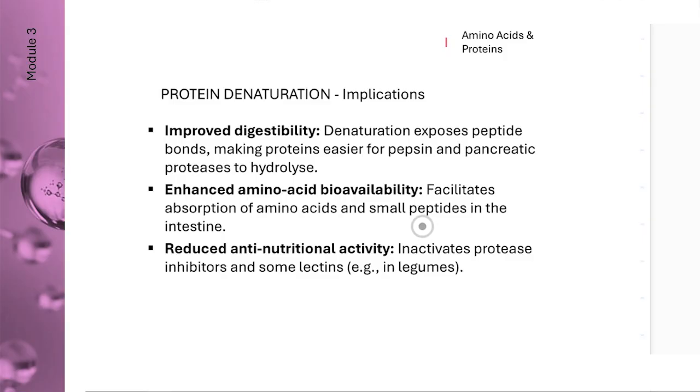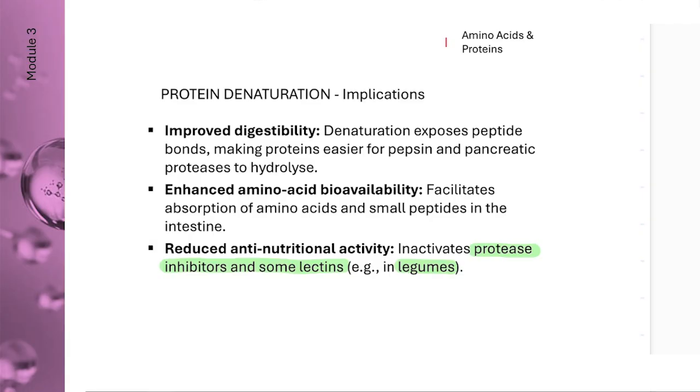And the last one, one of the implications of protein denaturing, is reduced anti-nutritional activity. So sometimes our foods have anti-nutrients, as we call them. So for example, in some legumes we have protease inhibitors.